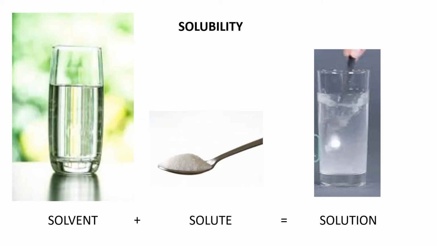You can go ahead and pour your solute, or your sugar, into the solvent, which is the water, and mix it up and see what happens. The solute is the substance being dissolved in a solution, and the solvent is what does the dissolving.